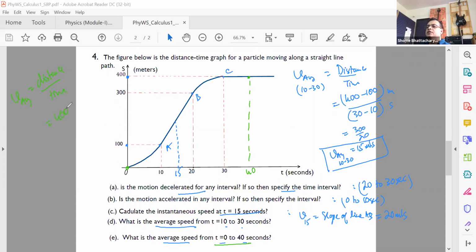So it's 400 meters, which is the total distance divided by the time of 40 seconds. So it's 10 meters per second. So it's even less because now what is happening in this interval, you started from rest. So that is reducing the average speed compared to AB. Then again, you're decelerating and for some part actually of 10 seconds, you are actually at rest. So that's why your average speed is drastically lesser than the instantaneous speed between A and B, or even the average speed between 10 and 30.